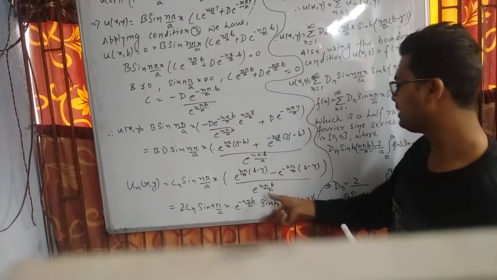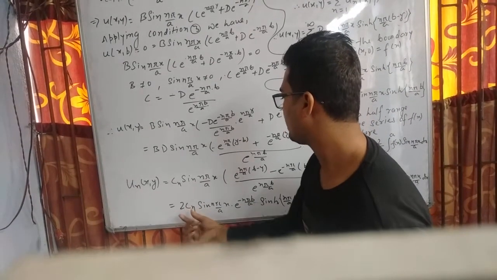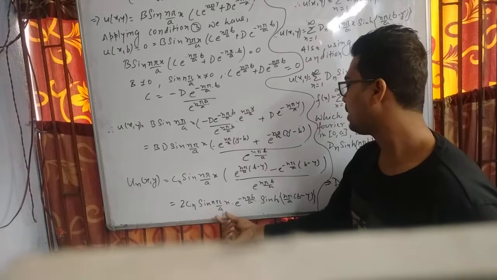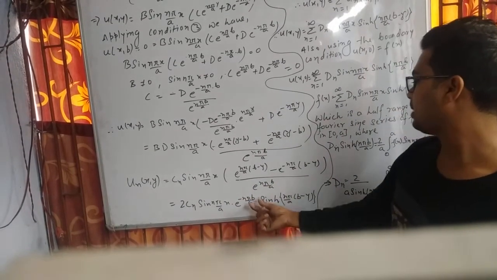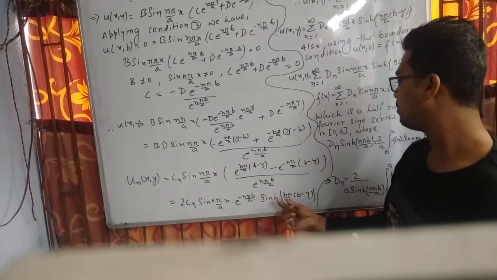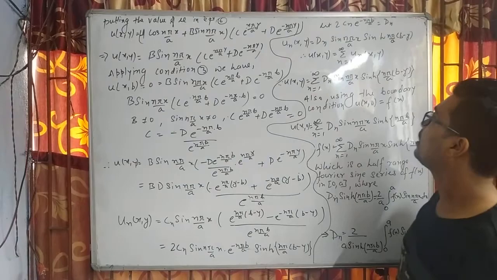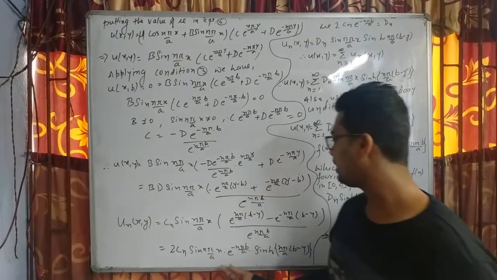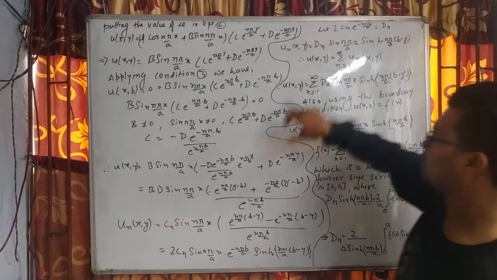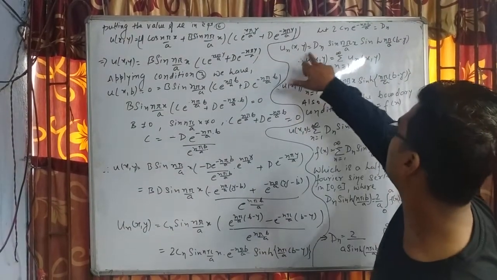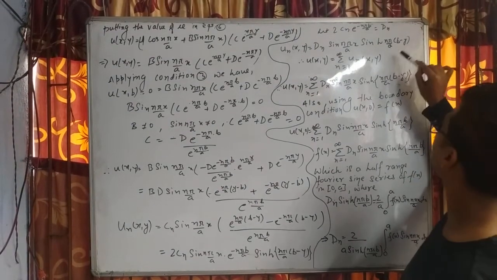So we find the general final equation as u_n(x,y) equals 2c_n sin(nπ/a x), and this comes to the numerator, e^(-nπ/a b) sinh(nπ/a (b minus y)). Now we'll simply put the value of 2c_n e^(-nπ/a b) as d_n. So our solution becomes u_n(x,y) equal to d_n sin(nπ/a x) sinh(nπ/a (b minus y)).